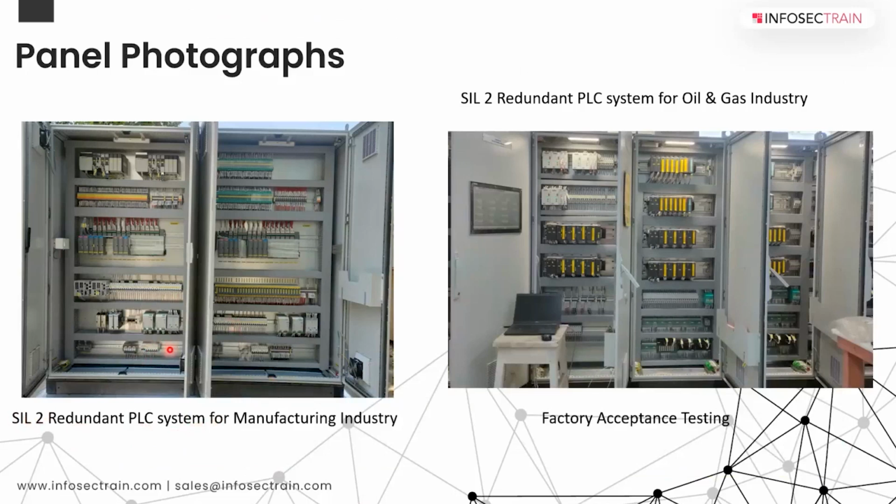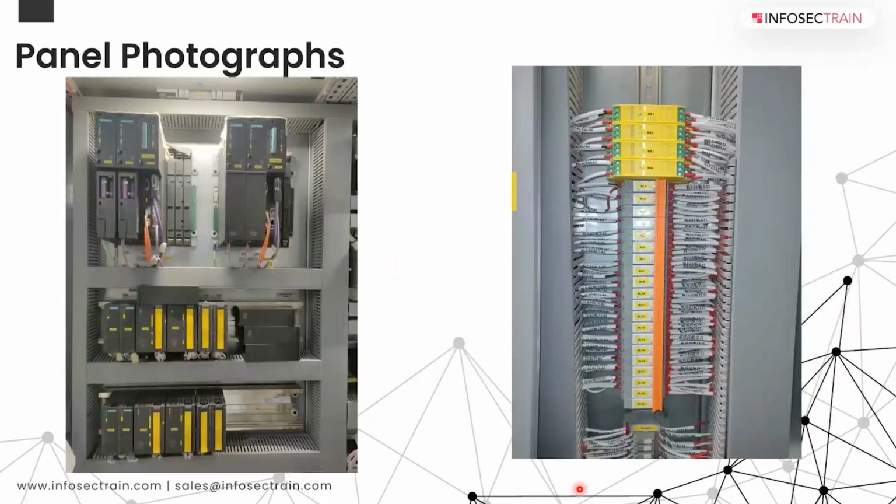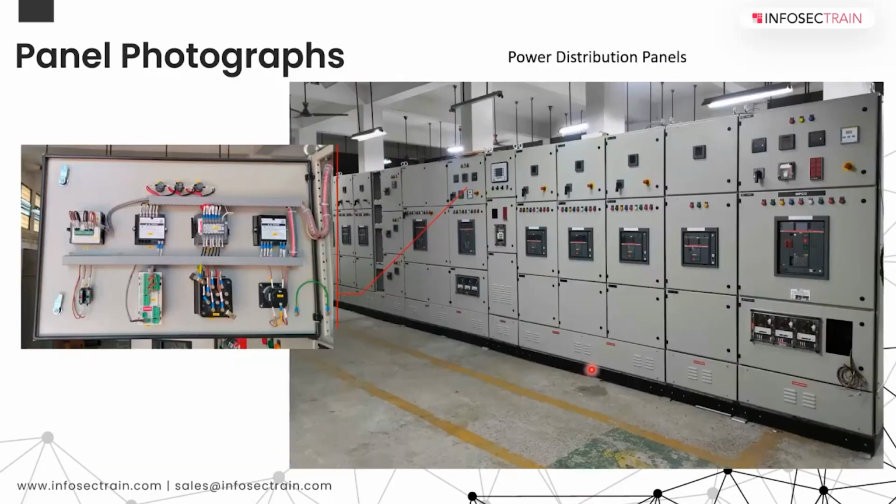This is for the manufacturing industry, and this is for oil and gas. These are different makes and models. There's a factory acceptance test happening here. Even the breakers, electrical panels, and there are small controllers, IEDs, inside that monitor and so on.